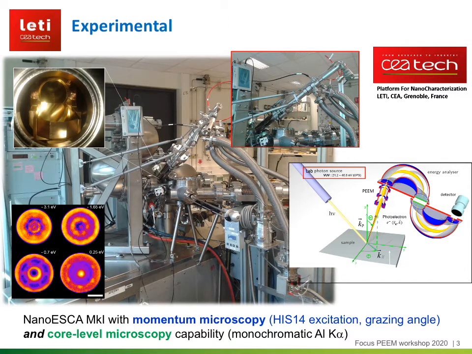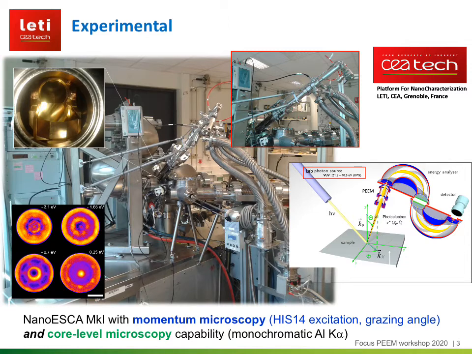Besides momentum microscopy, we are able to perform core level microscopy using monochromatic X-rays, which is somewhat unique and again quite critical in some cases for looking at 2D materials.